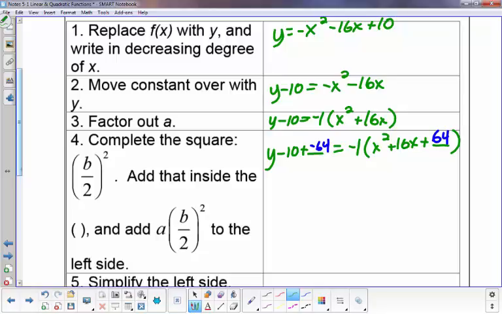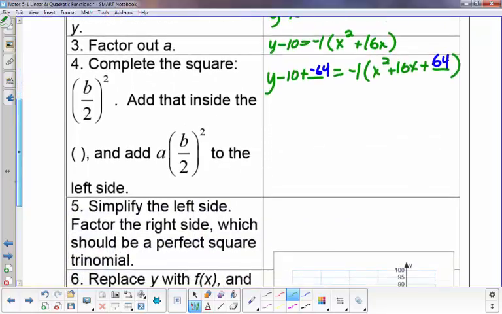So, given that, we can now condense or simplify. We get y minus 74 on the left equals negative 1 times x plus 8 squared.